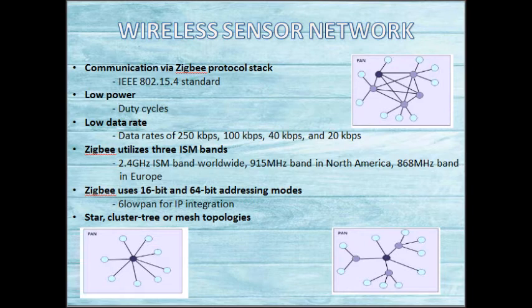Zigbee utilizes three ISM bands: 2.4 GHz, which is worldwide, 915 MHz for North America, and the 868 MHz band in Europe. Zigbee uses 16-bit and 64-bit addressing modes. There are star, cluster, tree, and mesh topologies.